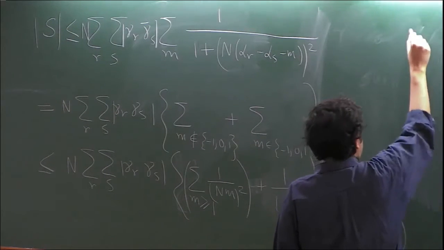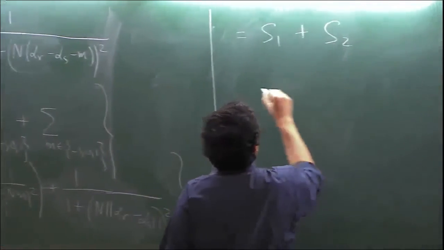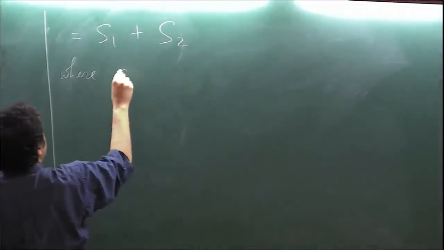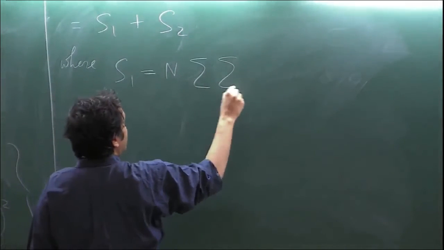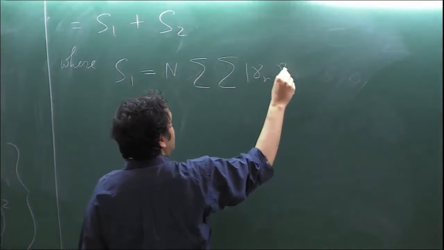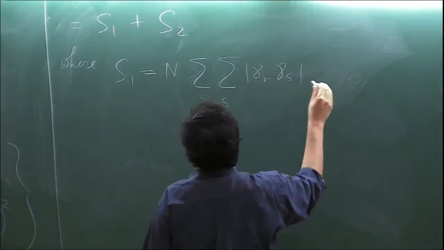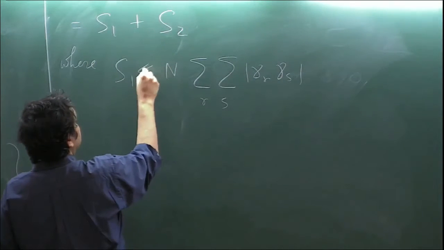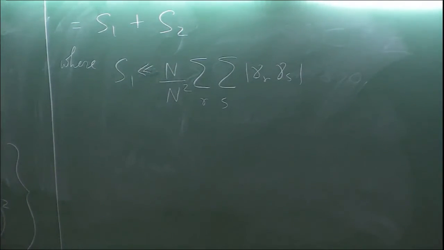So let's call it S1 plus S2. So where S1 is n gamma r gamma s, and then you see S1 is less than n by n square because the sum of 1 by small m square is bounded.